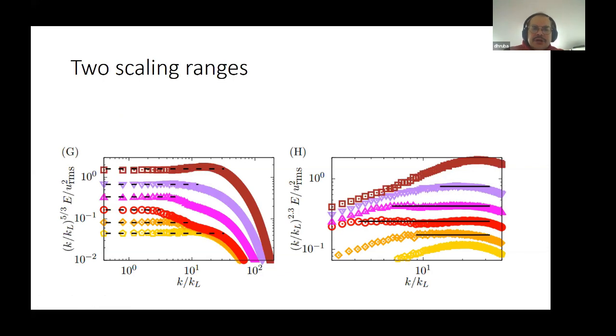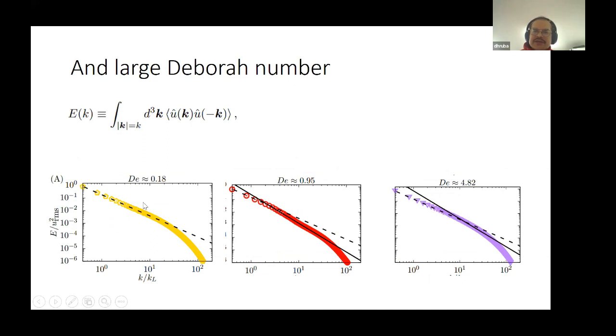So here I am plotting the compensated spectra. This is one of the ways to see your scaling exponents. So on the left, what I am doing is I am taking the same energy spectra and multiplying the energy by k to the power 5/3. If I do that, I will get a straight line in the Kolmogorov range.